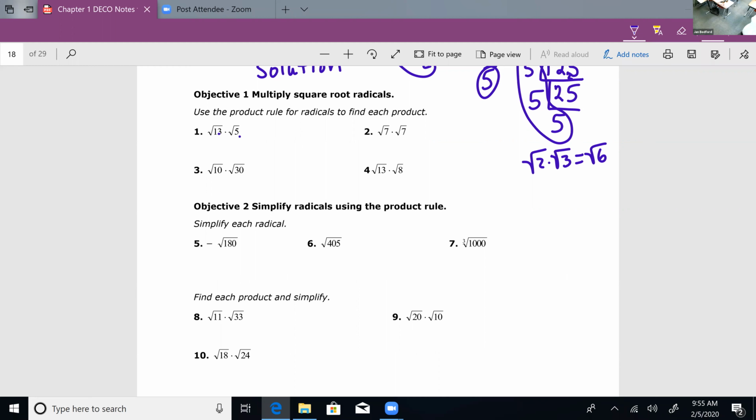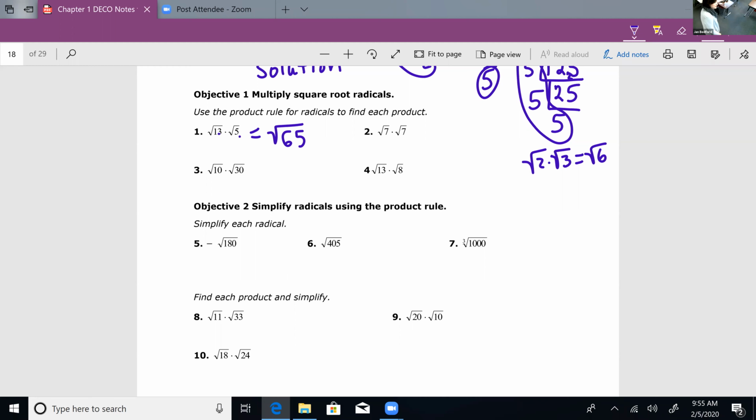I have 13 and I have 5. Those are actually both prime. So that tells me that there is nothing that could simplify as far as common factors with those numbers. So I just multiply 13 times 5, and it gives me what number? 65. That's the square root of 65, and that's as simple as it gets.